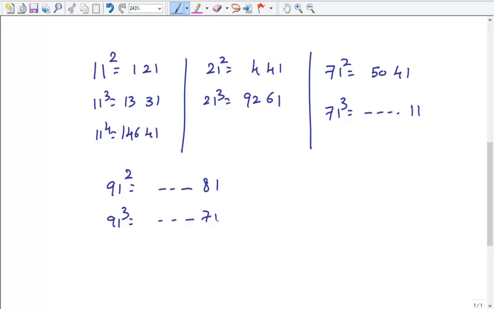Well, our primary concern is to find the last two digits. The unit digit is anyway 1. That's very easy. A number ending with 1 raised to any power has unit digit 1. Now the last two digits, that is the tens digit, is the most important one.